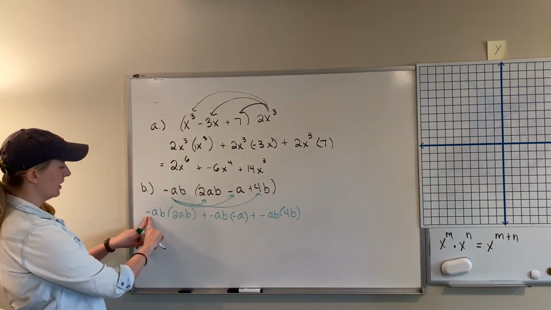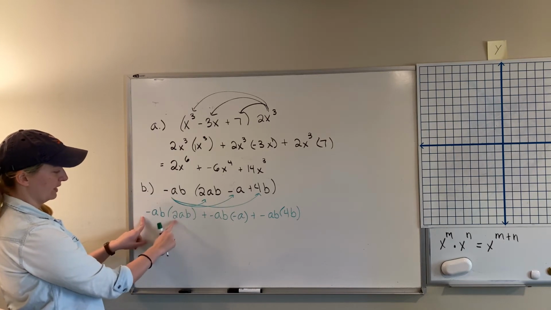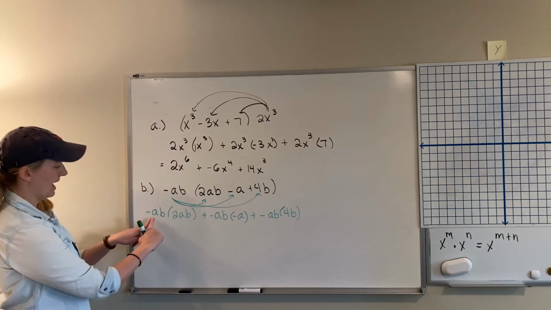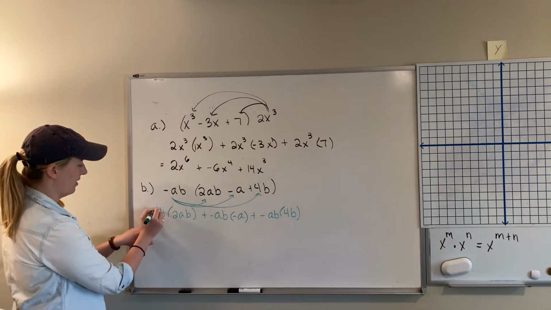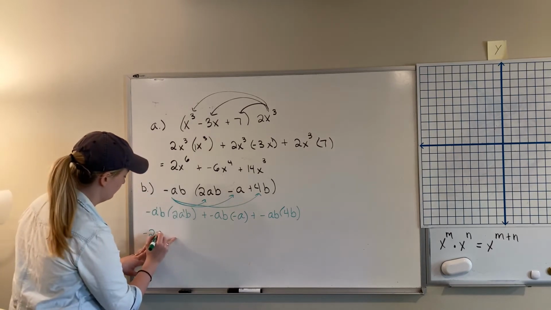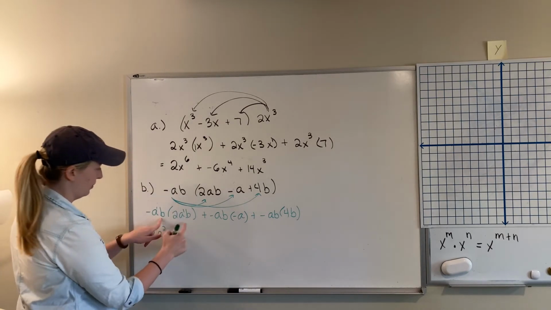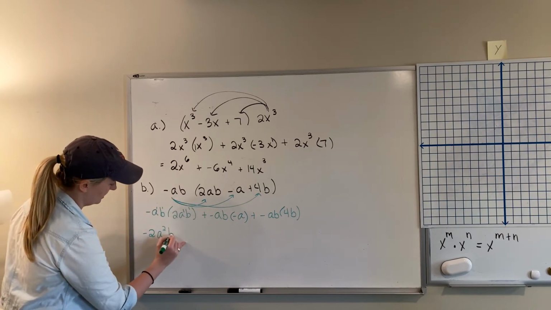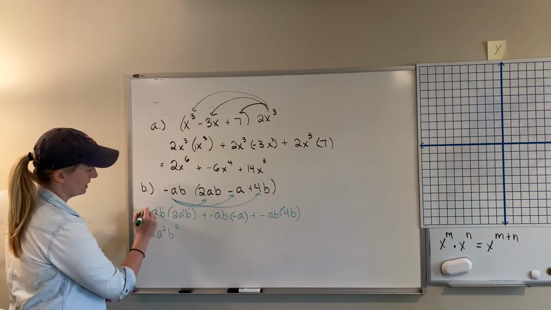Alright, negative 1 times 2 is going to be negative 2. And now we have A times A, so a to the first plus a to the first is going to be a to the second. B times b, b to the first plus b to the first is going to be b to the second. And now we're done with this first term.